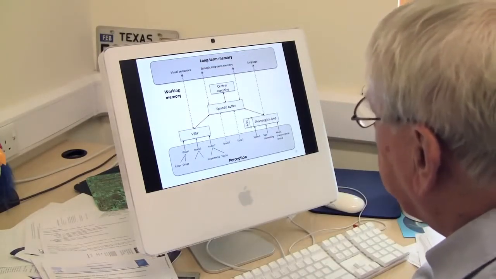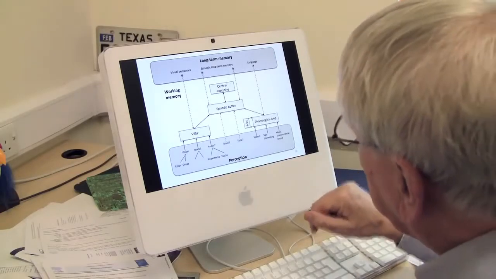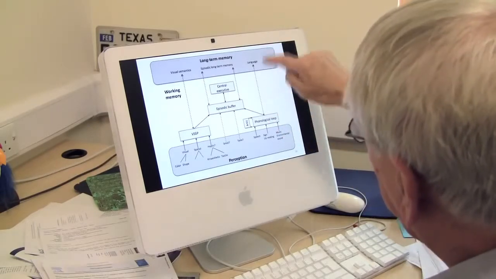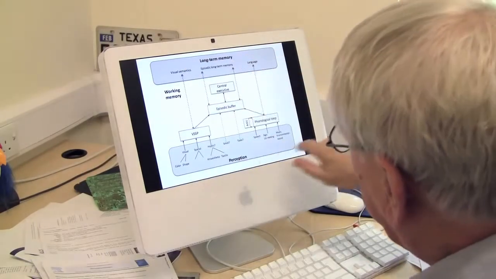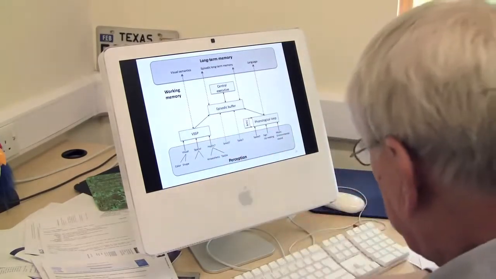But that somehow didn't feel right, because information often comes through long-term memory into these, and this seems to imply that the only way long-term memory can influence anything is through the subsystems, and I'm not sure that that's the case.